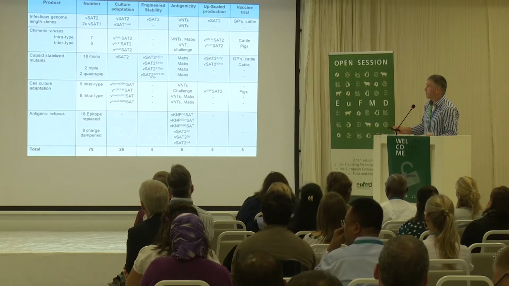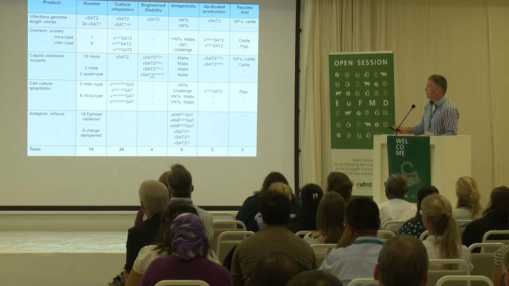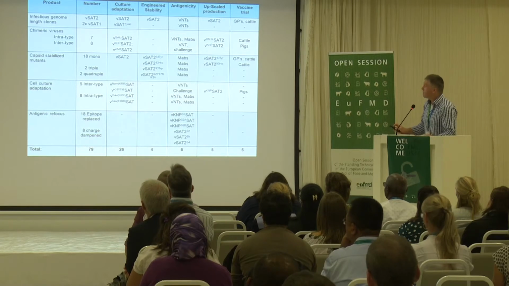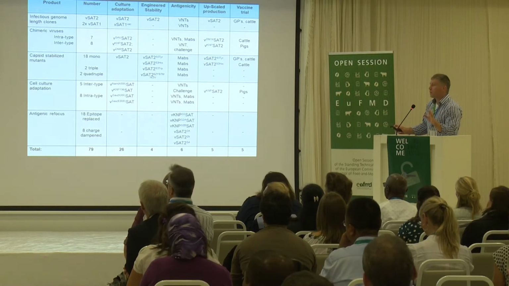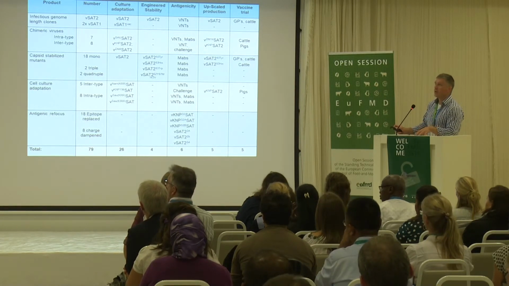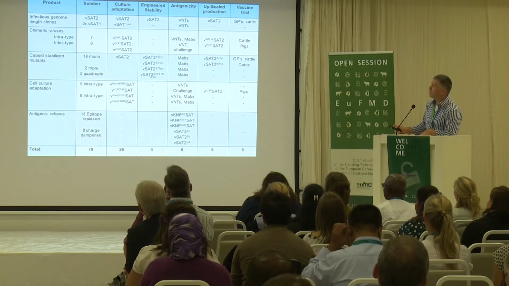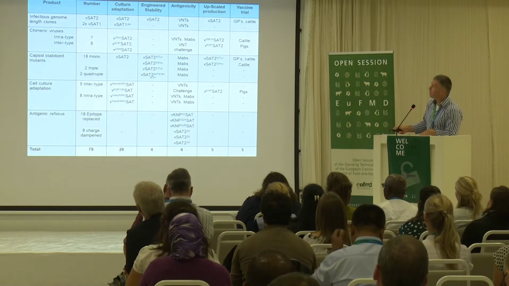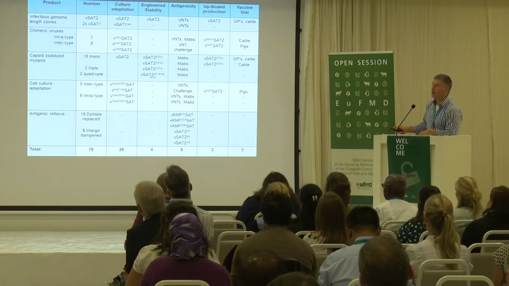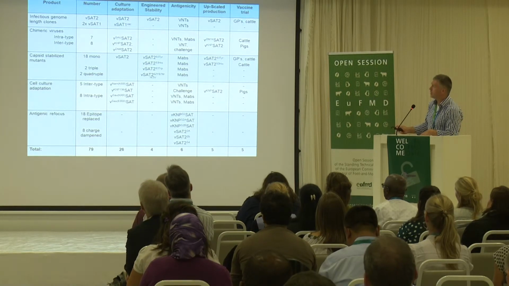I think I pushed it too many times. Okay, so basically we have some success stories with reverse genetics, and I just want to summarize it. We have made a total of almost 80 different mutants that include the cell adaptation changes, the engineering, the stability.